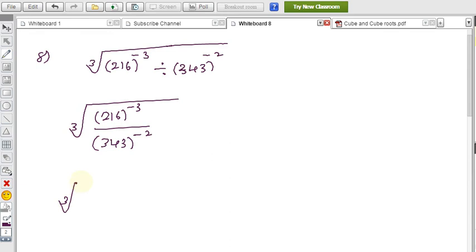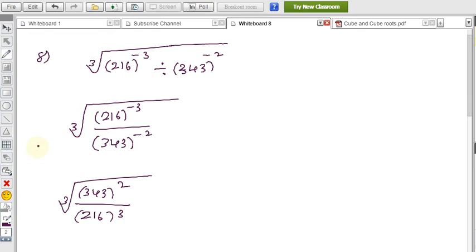So 216 as some power 3. If you interchange the numerator and denominator, the sign will be changed. That means 343 power 2, just interchanging, by 216 whole power 3.